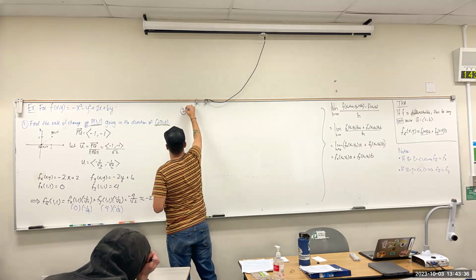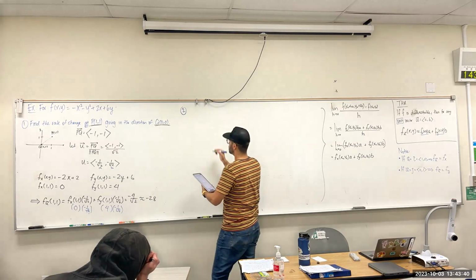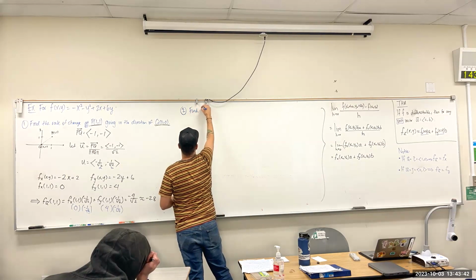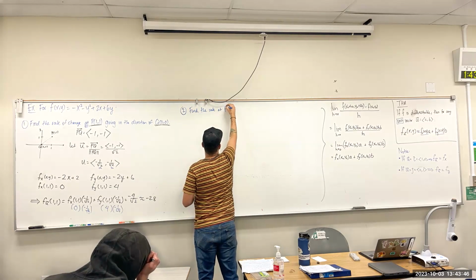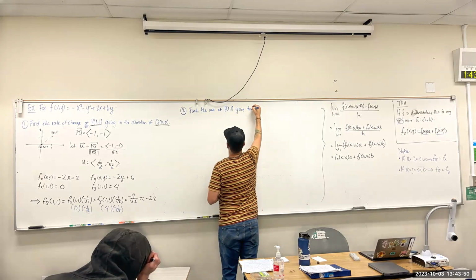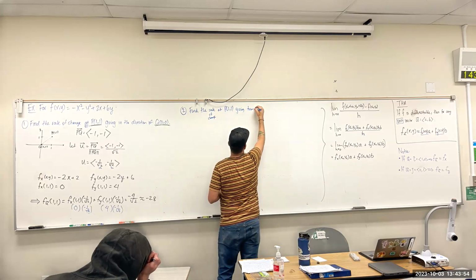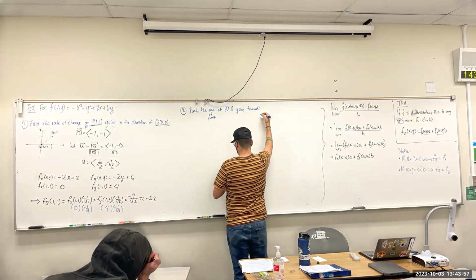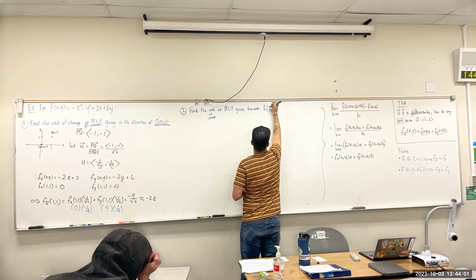All right, here, I want you guys to try one. So find the rate of change at P(1,1) going towards the point R, which is (2,3).